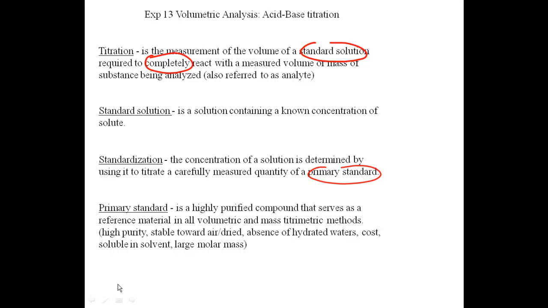It needs an absence of hydrated waters, has to be low cost, soluble in the solvent we're talking about, and have a large molar mass. For something to be a primary standard, I have to feel confident that when I put it in the oven and dry it, when I weigh 1 gram on the balance, I have 1 gram of that pure substance.